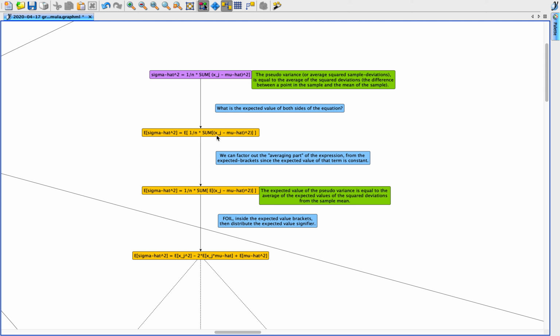So we take the expected value of both sides, and we can factor out the averaging part of the expression from the expected brackets, since that term is constant, right? So basically we're first factoring out the 1 over n because that's constant, and also we are then distributing the expectation to every term in the sum.